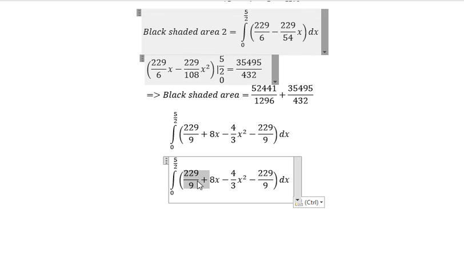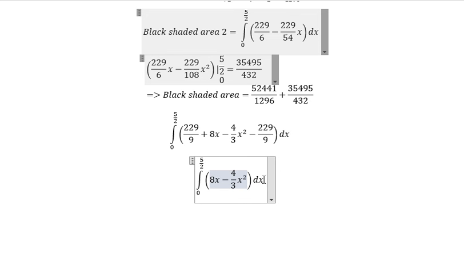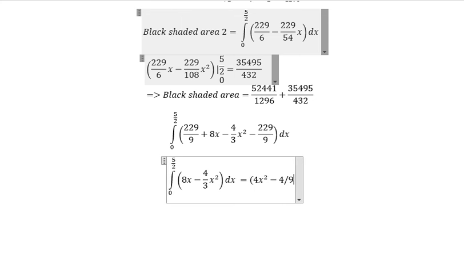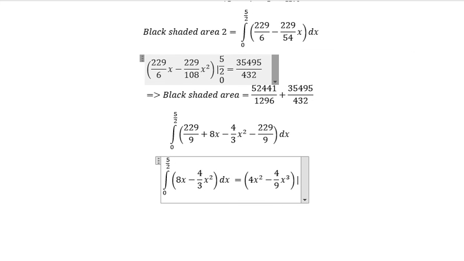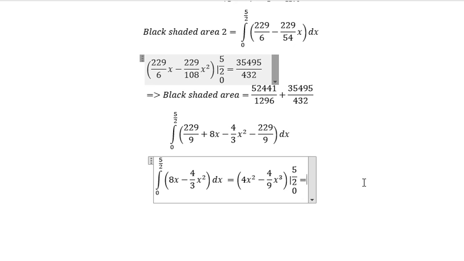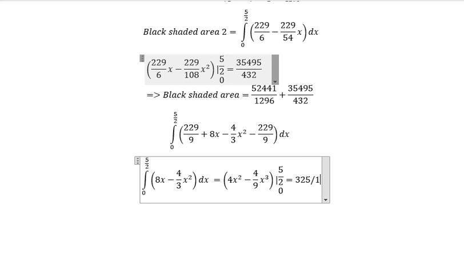We simplify the two numbers here. We put in 5 over 2 for x, and we got about 325 over 18.